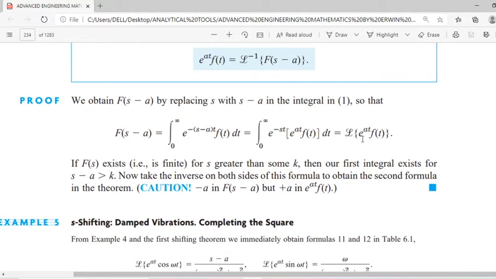So instead of f of t it is e raised to at into f of t. We can compare this entire expression with the definition of the Laplace transformation. So this is the Laplace transformation of e raised to at into f of t, right? So we can write L of e raised to at into f of t.